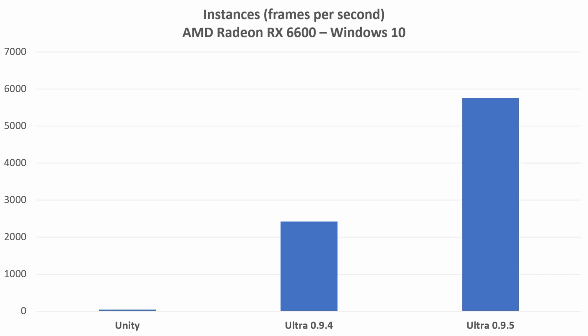I forget what it was, but it was very low. Ultra 0.9.4 was getting about 2400 frames per second on the AMD Radeon 6600, which is very, very good. But Ultra 0.9.5 more than doubles that, so it's almost 6,000 frames per second with that same test.